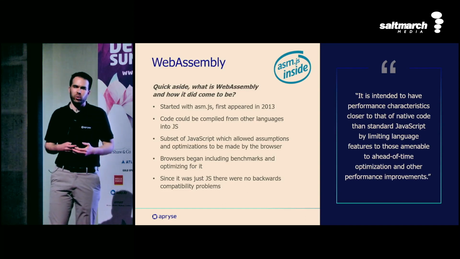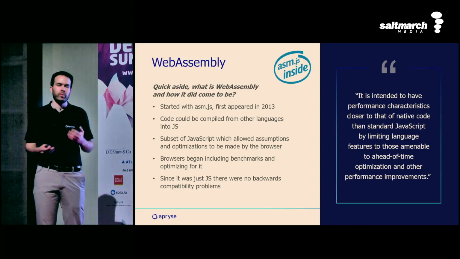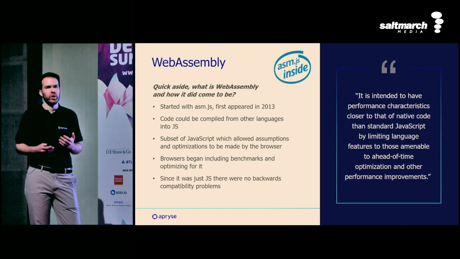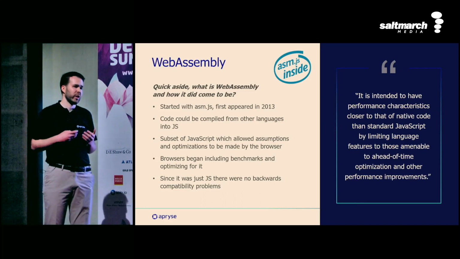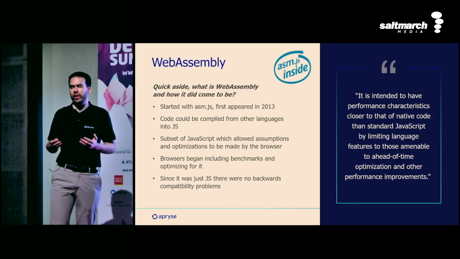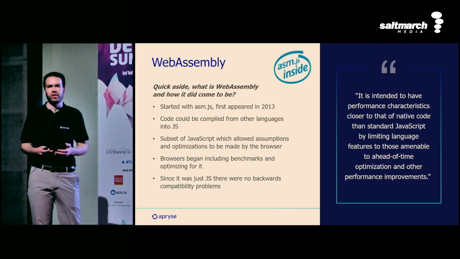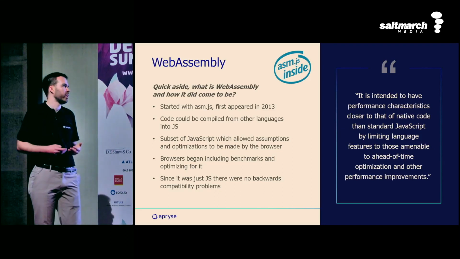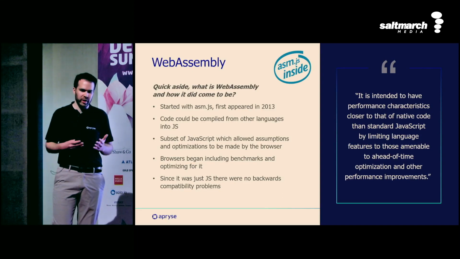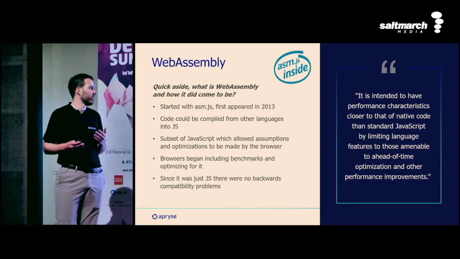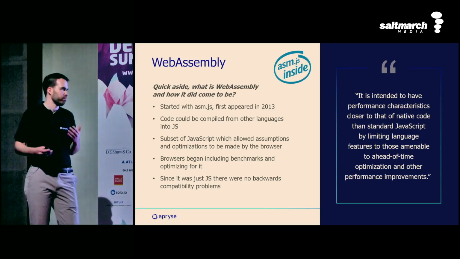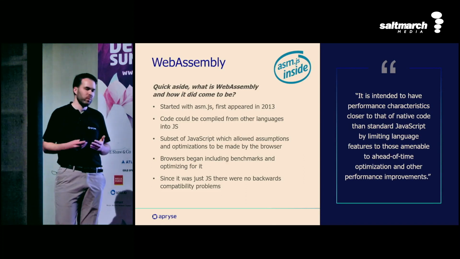So this would allow the browsers to make assumptions and optimizations about what your code was doing. The browsers created benchmarks, and then they started optimizing towards those benchmarks to make it faster and faster. We know how JavaScript can be kind of quirky with the dynamic stuff that it does. With those optimizations, it became a lot faster.